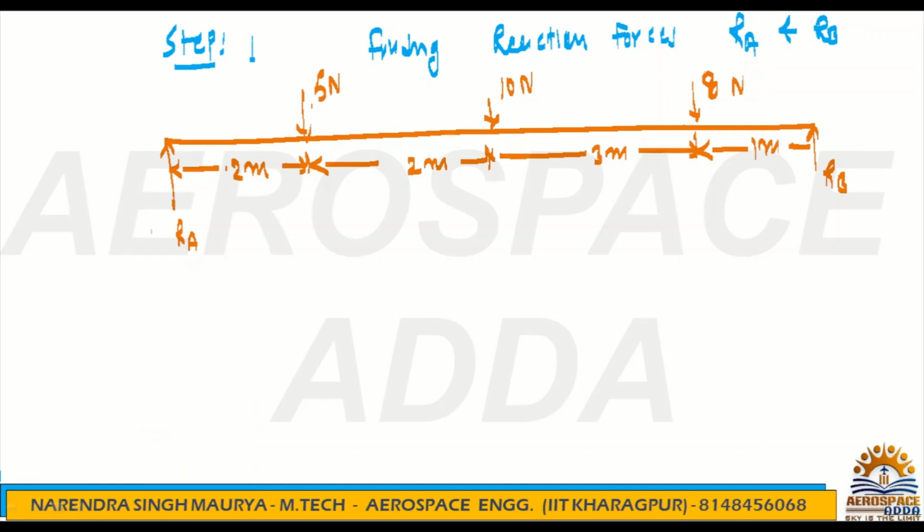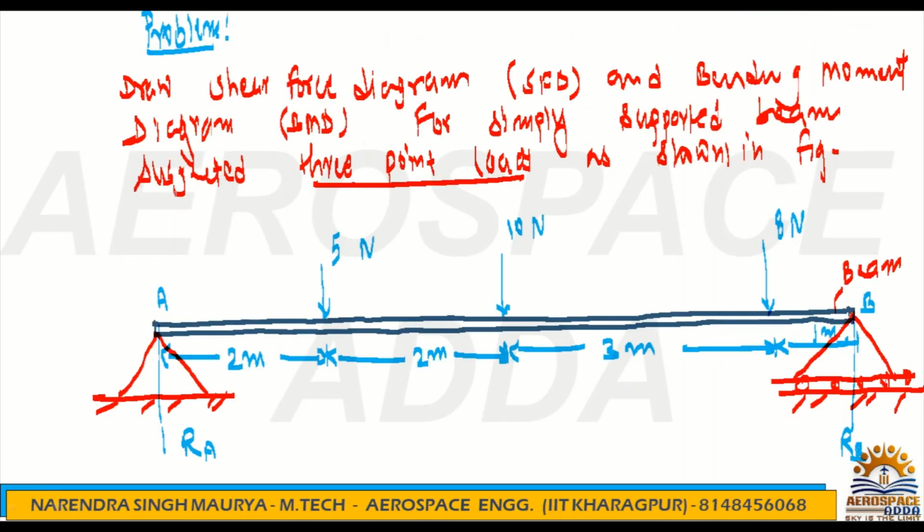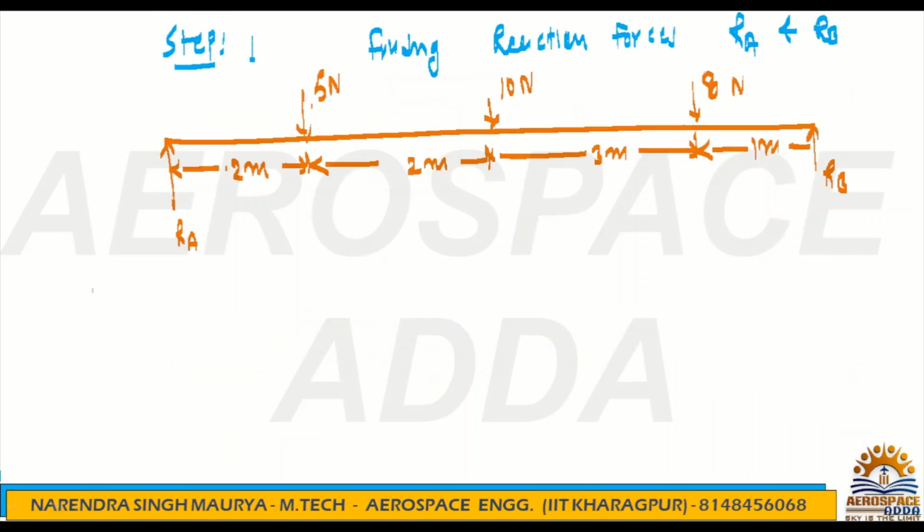Any point you can take, because you have 2 points, A and B. So I'm going to take moment about A. This is step one: taking moment about A. So we can say this is MA, and this is the moment balancing.